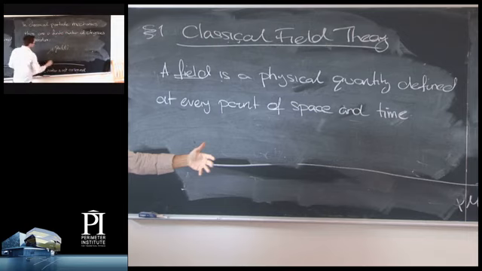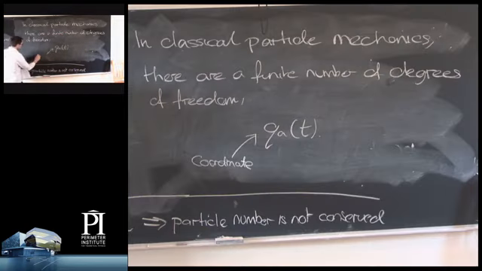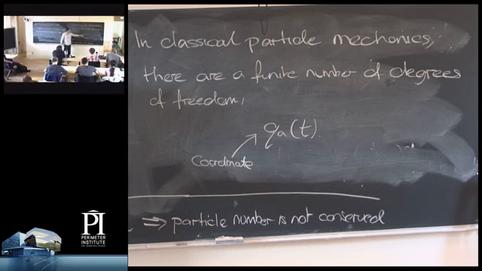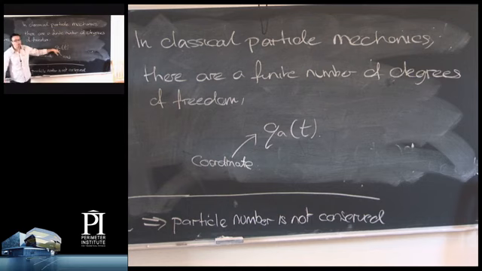So you have some degree of freedom that we'll call q. It's a coordinate, sometimes called a generalized coordinate in this Lagrangian setup. And it's things like the position of the particle. There's typically some label on these, for example, the position of the particle in this direction or in that direction, and so on. But there's some finite number of labels you attach to this. And the goal of classical mechanics is basically to figure out what these functions are, i.e. how the positions of particles change as a function of time.